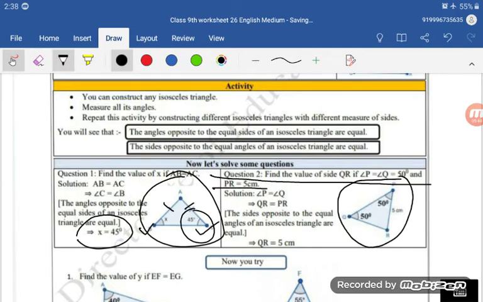In this triangle PQR, angle P is equal to angle Q. Since we learned earlier that if in any triangle two angles are equal, then the sides opposite to these two angles are equal, side PR must be equal to QR. So QR is equal to 5 centimeters.